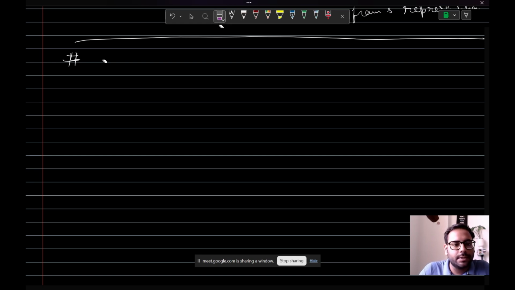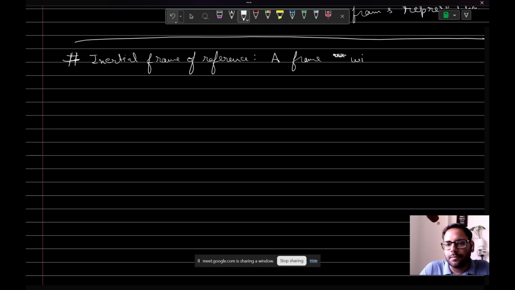The inertial frame of reference is a frame with no external forces acting on it.